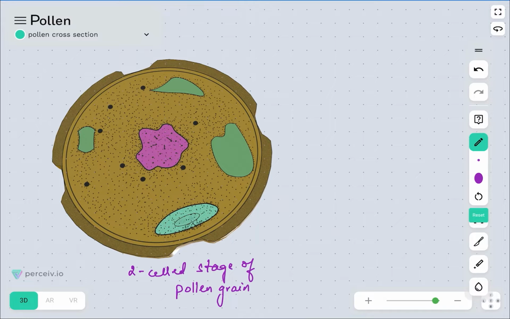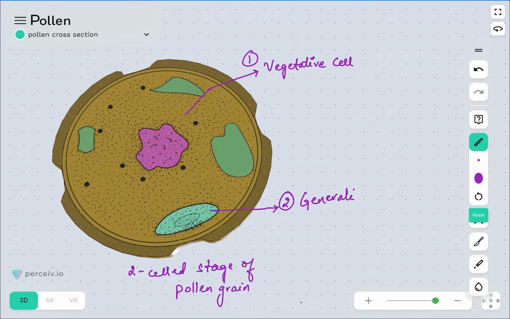Now, what are the two cells? The bigger cell is the vegetative cell, and the smaller cell is the generative cell.